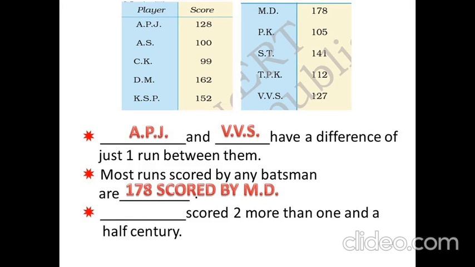So it is 50. 100, that is century, plus half century 50, 100 plus 50, and 2 more runs, that is 150 plus 2, that is 152 runs. Correct, your answer is correct. KSP scored 2 more than 1.5 century.